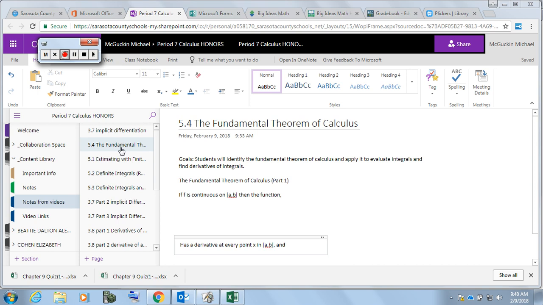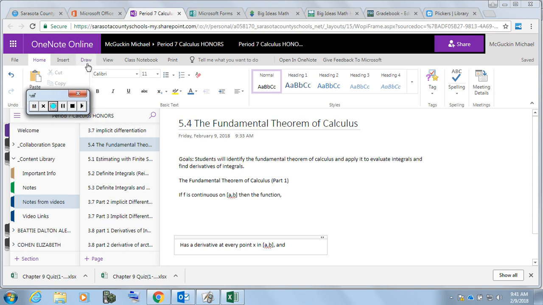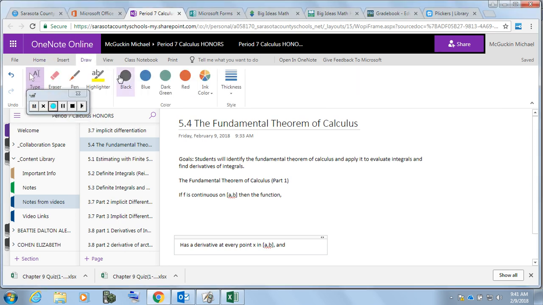Let's say we have a function f, and that function is continuous, as it has been since we've been talking about integrals, on an interval from a to b.